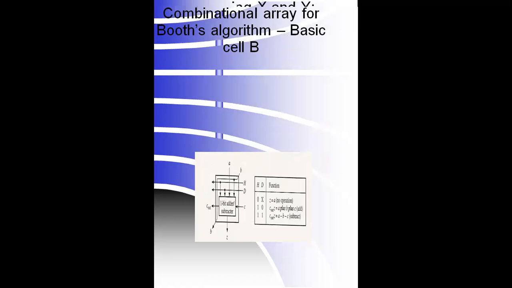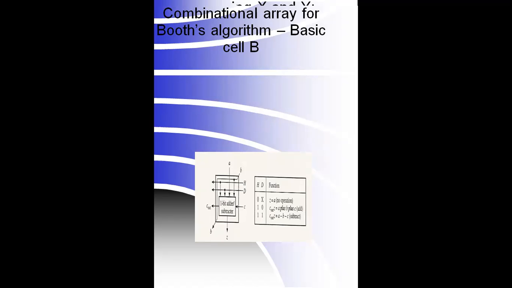Okay, so what about in the case of Booth's algorithm? We'll have a 1-bit adder or subtractor. The circuit shows that we can use it either as a 1-bit adder or a 1-bit subtractor.